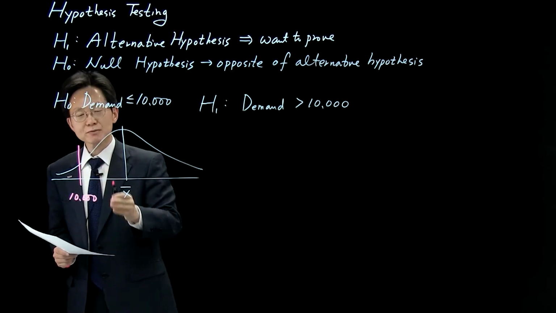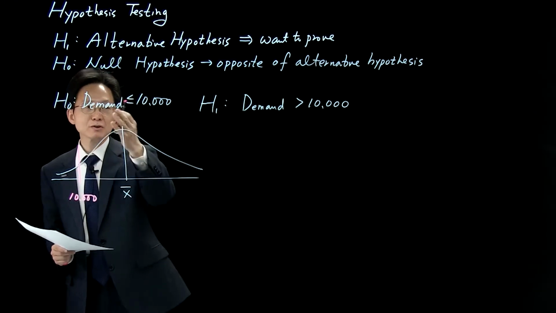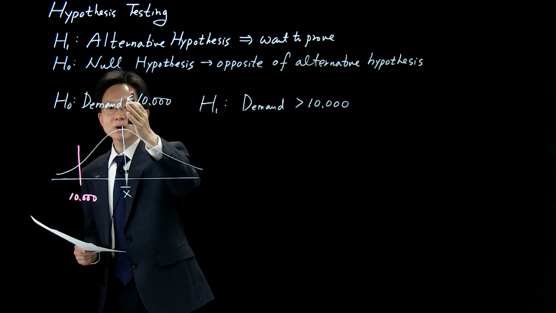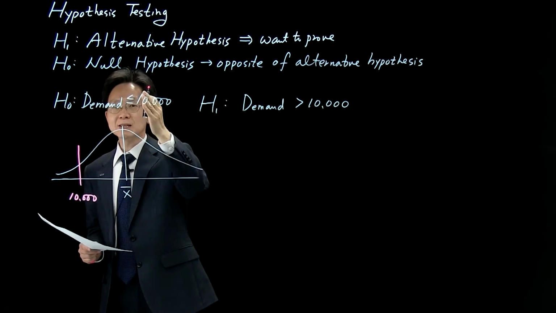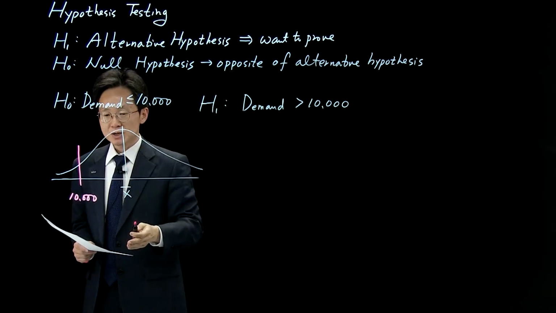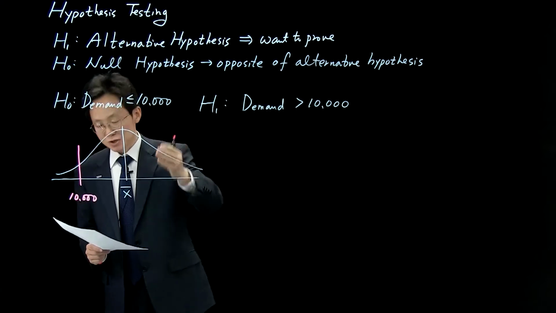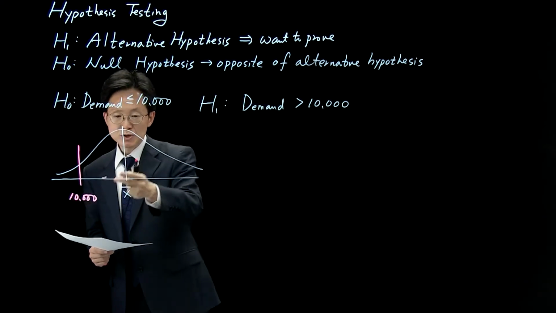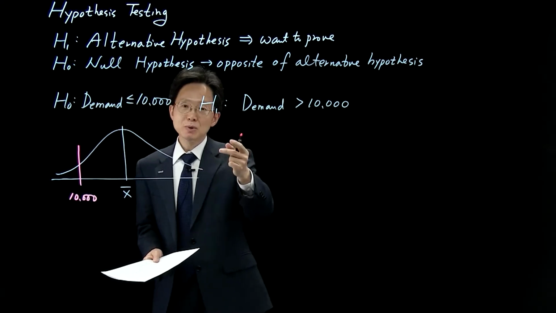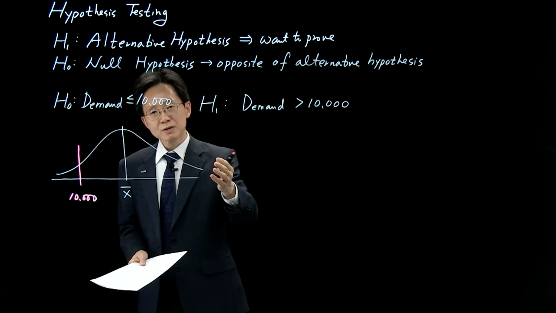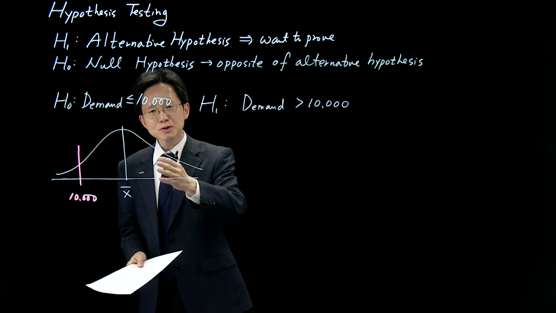That's something we have to tell in order to decide whether we reject the null hypothesis or whether we cannot reject the null hypothesis. I think you get a sense about how we should approach this problem. And obviously all these numbers we talked about for our confidence interval will be useful. We will use those numbers.